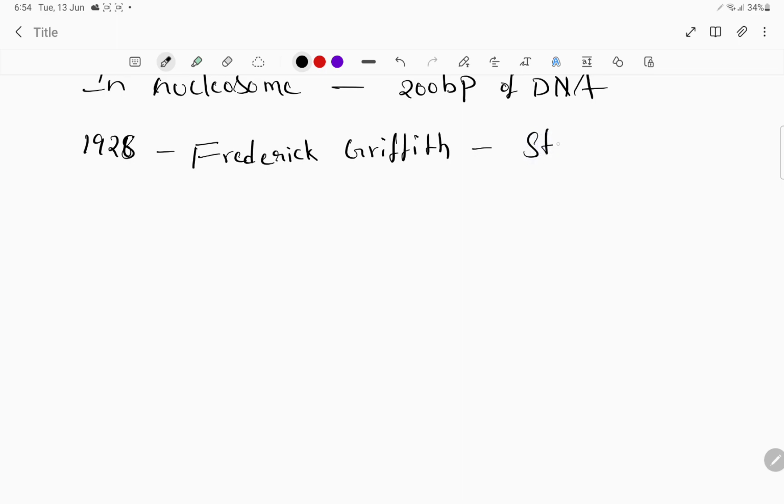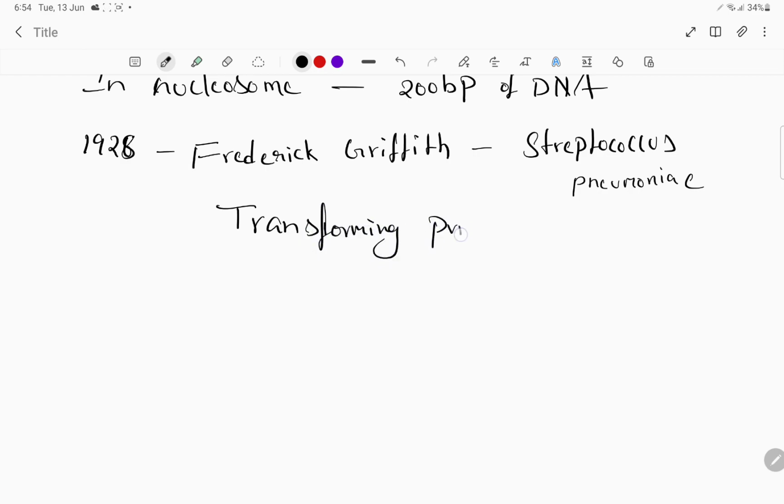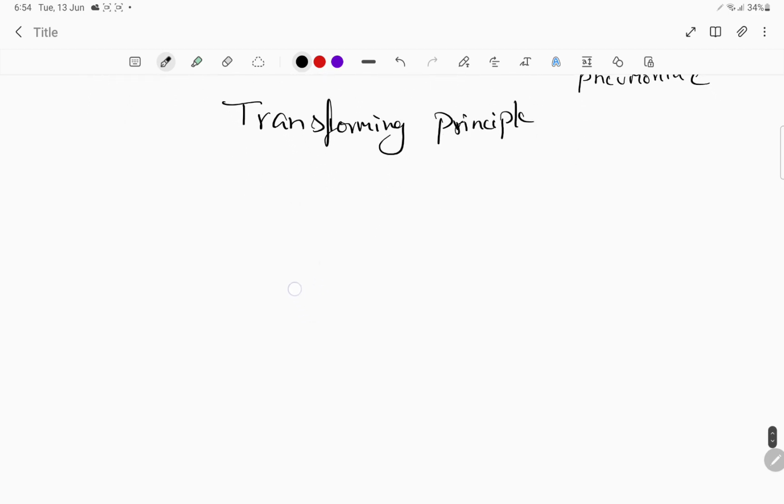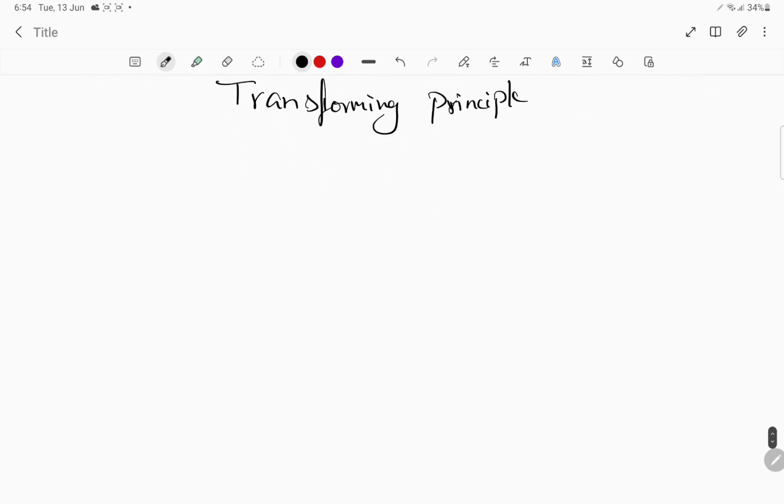So he conducted the transforming principle experiment. Friedrich Miescher, and here we have Frederick Griffith.